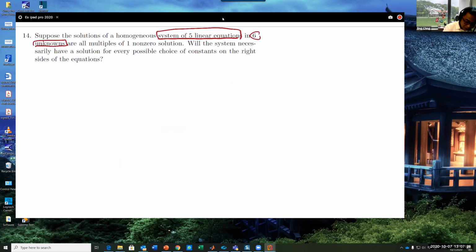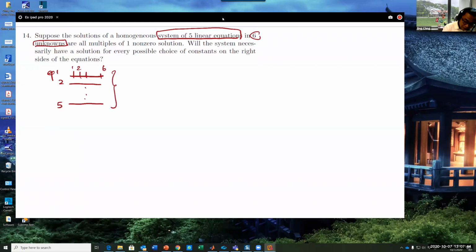So I'm basically having 5 equations, so I will write equation 1, equation 2, up to equation 5. How many variables are there? 1, 2, 3, up to 6 variables.